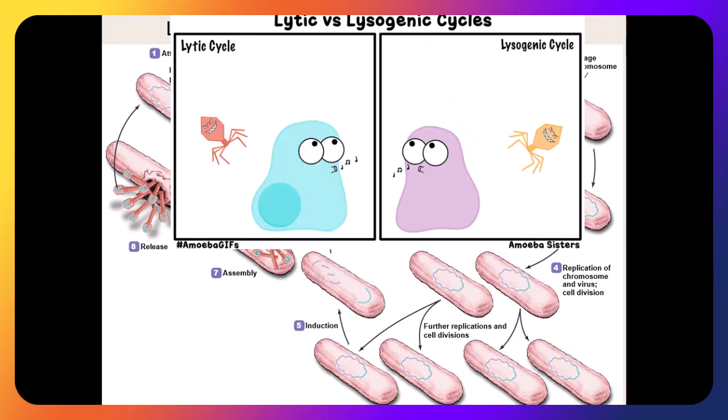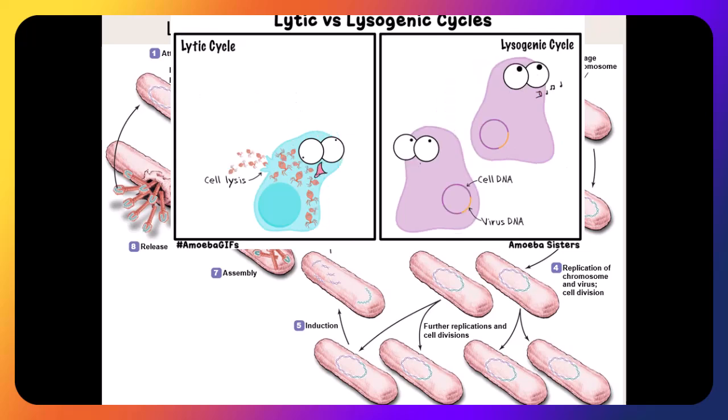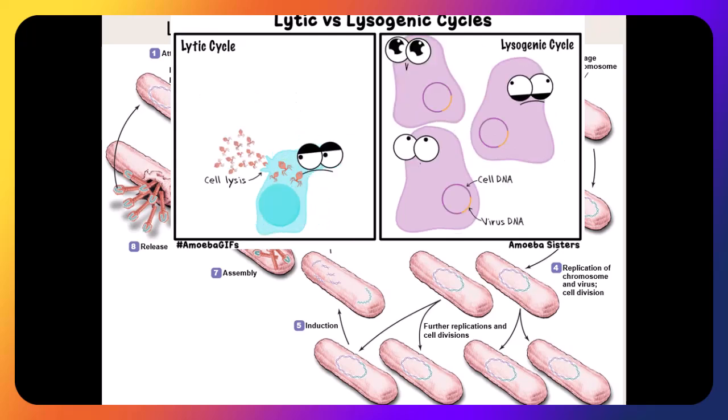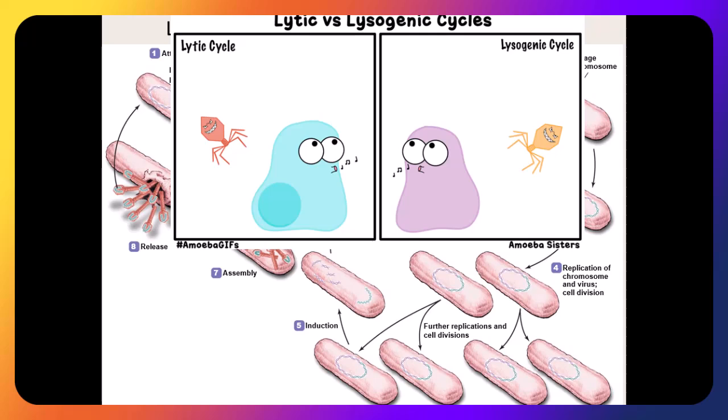In the lysogenic cycle, cell gets hijacked by a virus, viral DNA goes in, incorporates into the cell's DNA. This bacteria divides like it's supposed to, and then each new cell all will have viral DNA incorporated into it. And again, it's just waiting.